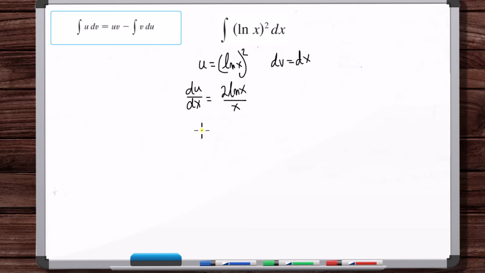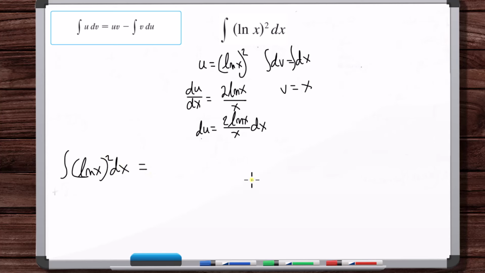So du is equal to 2 natural log of x over x dx, and then v is equal to x. Integrating both sides, the integral of natural log of x squared dx is equal to uv, x natural log of x squared, minus the integral of v du, which is just going to be 2 natural log of x.